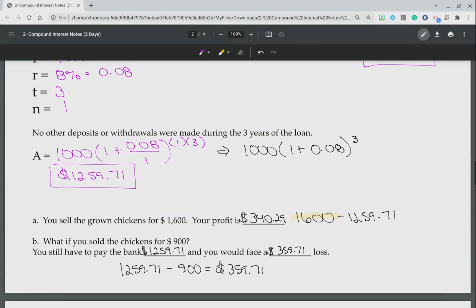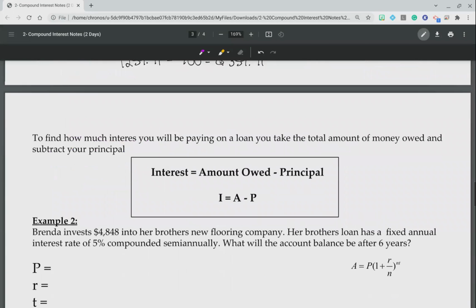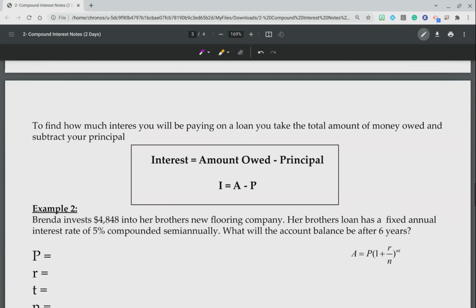Okay, let's look at another one. All right, so to find how much interest you will be paying on a loan, you will take the total amount of money owed and subtract your principal.